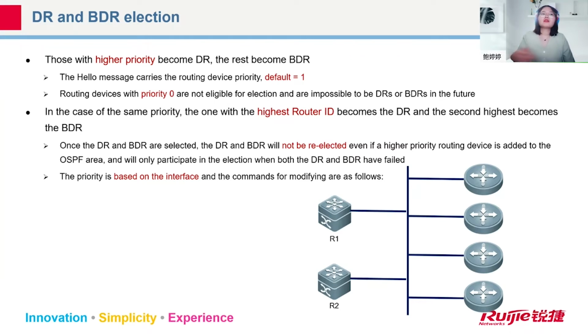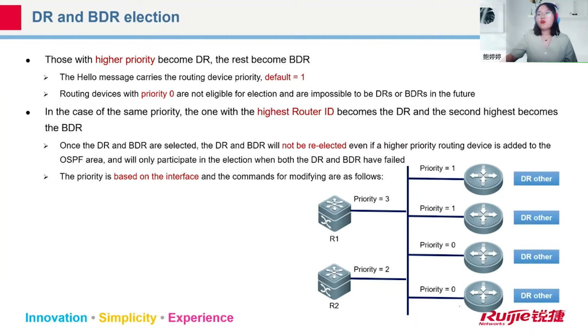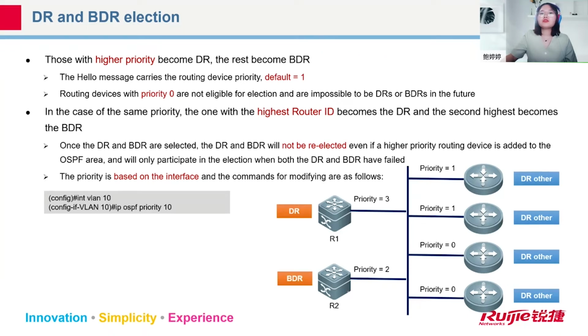For example, there are lots of routers and we give different priorities. Their priorities are 1, 2, 3 and 2. Finally, the left routers will become DR others. The priority 3 will become DR, and the priority 2 will become BDR.